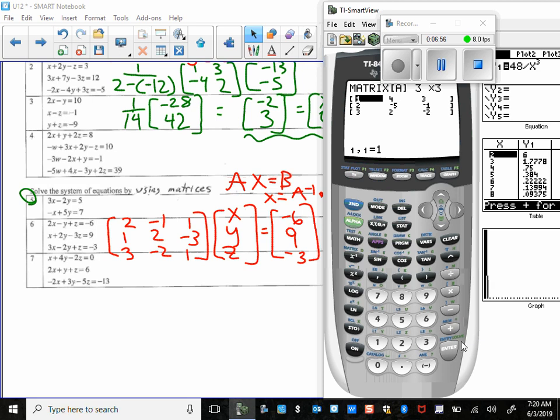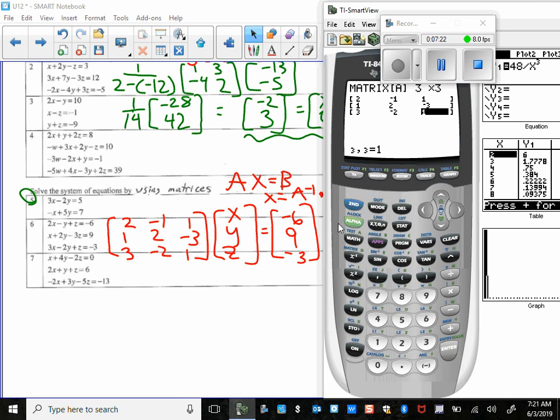So we'll have 2, negative 1, 1. All right, so you're just double checking, make sure you have those all entered.